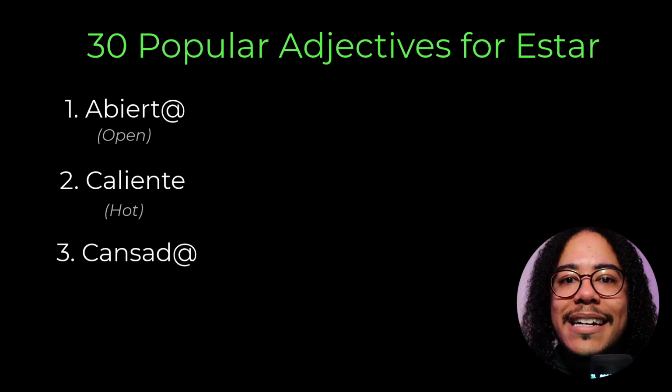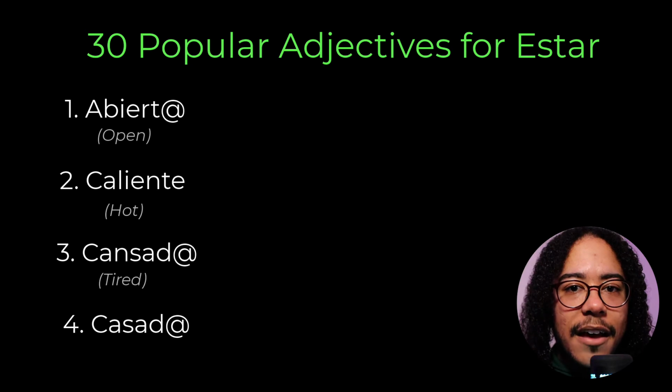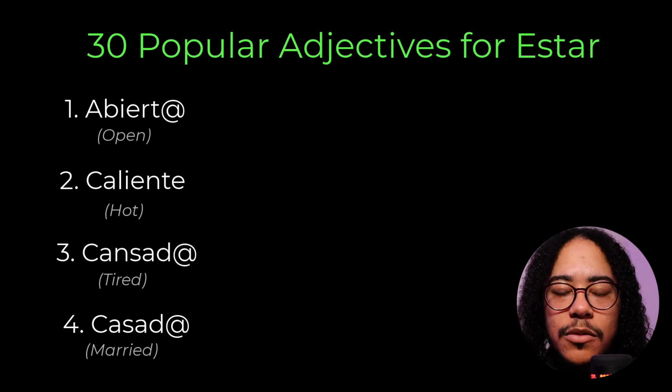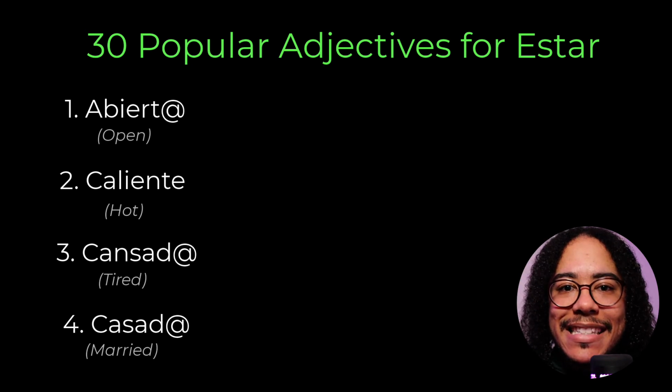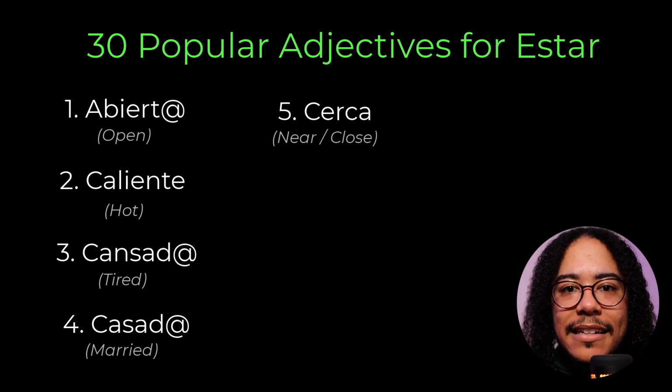Cansado or cansada, tired. Casado or casada, married. So this one sounds really similar to the last one, but that one was cansado or cansada, and this one is casado or casada, married. Cerca, near or close by.